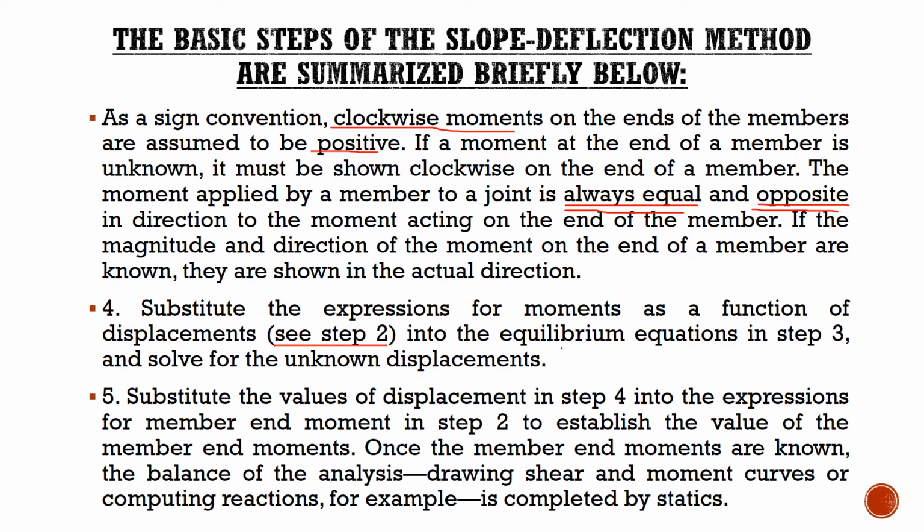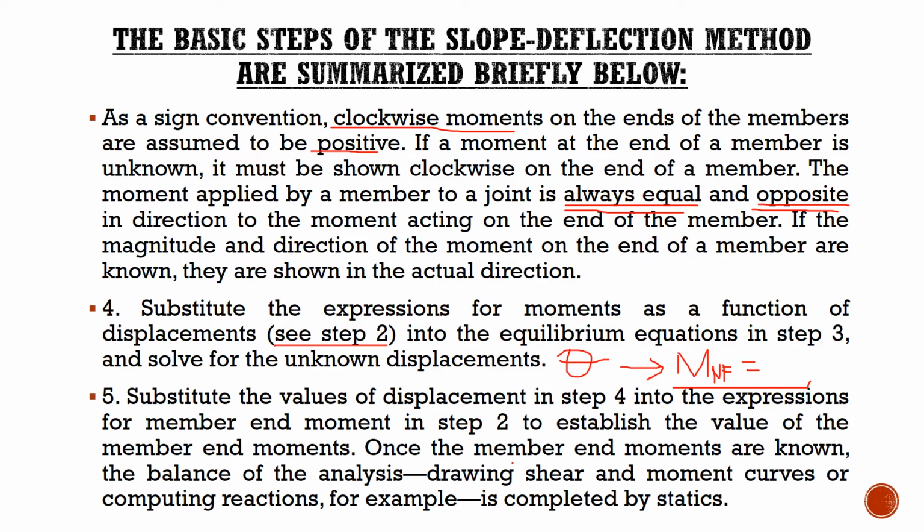Okay? So the meaning of number 4 is, once you have the theta from step 3, just substitute them into the moment equations, the near or far end, guys, so you can get the moments. And lastly, number 5 is substitute the values of the displacements in step 4 into the expressions of member end moments in step 2 to establish the values of the end moments.